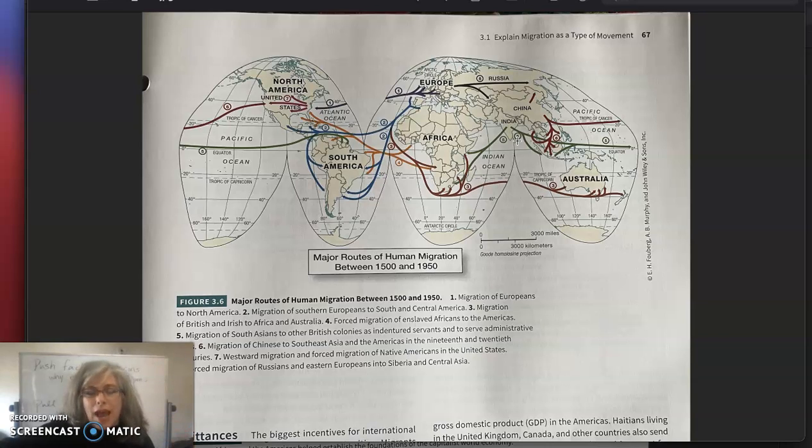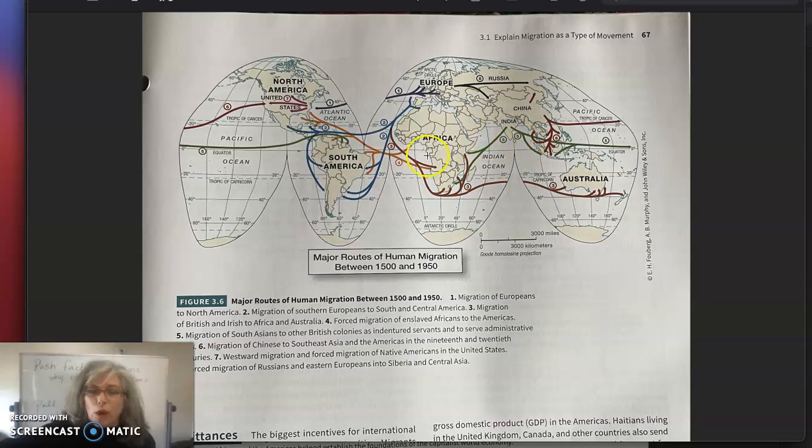Subsistence strategies like agriculture, horticulture, pastoralism, and foraging did not have vast differences in what we call social stratification. But agriculture and industrialization in particular allow for that huge gap to develop between wealth and poverty.